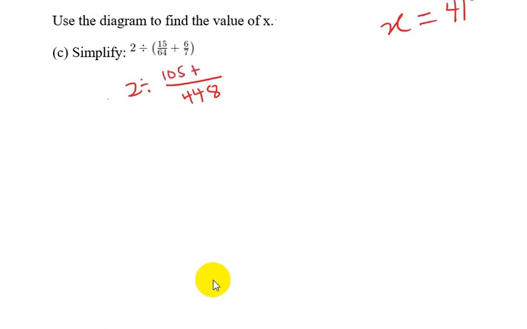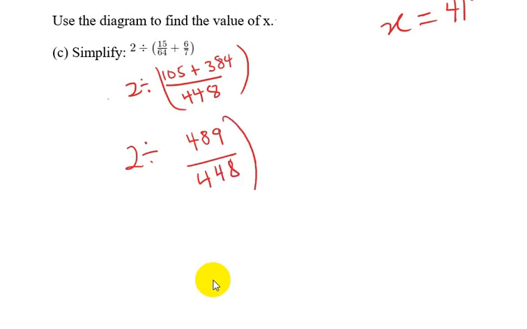Then 7 goes into 448 64 times. So 64 times 6 is going to give us 384. So we are going to get 2 divided by 105 plus 384, which gives us 489 on 448, right? Now we carry out the division with the 2.